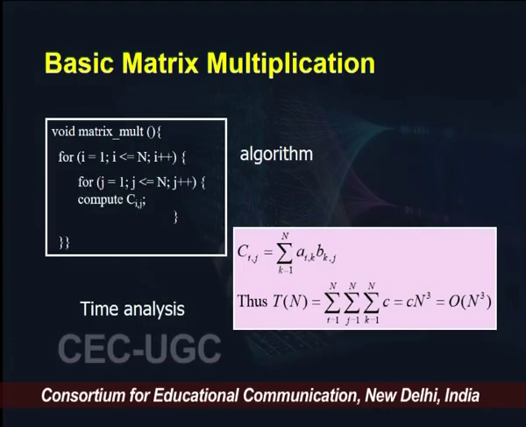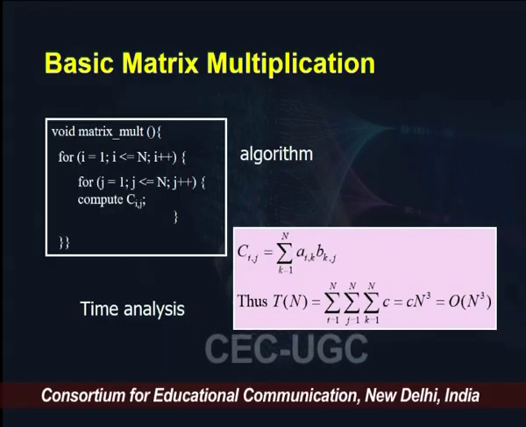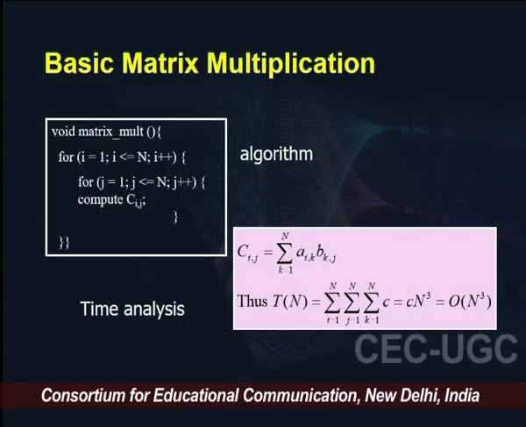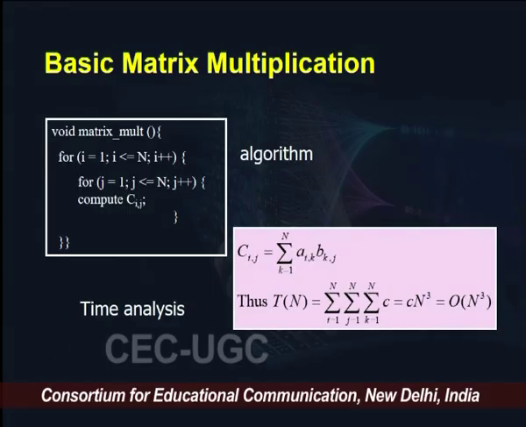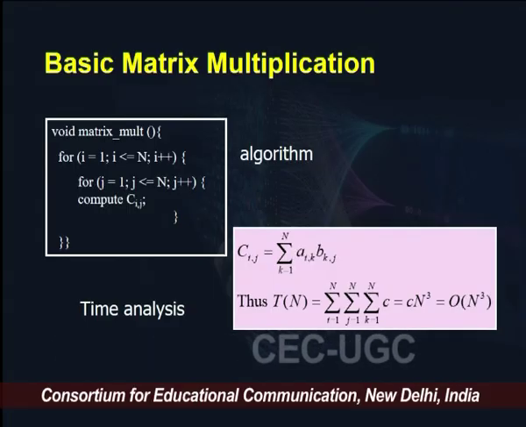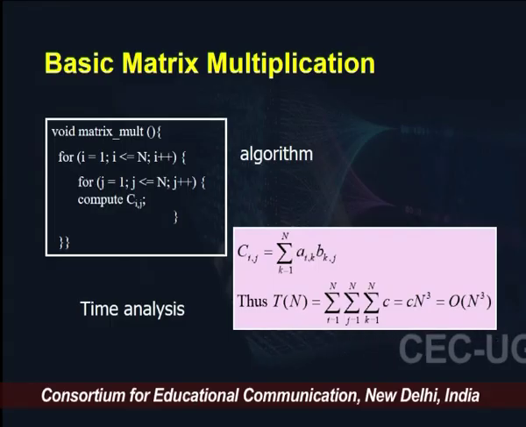Here we have 2 loops in order to compute Cij, and in order to compute this Cij we need a third loop. So Cij is the sum over k from 1 to n of Aik and Bkj.